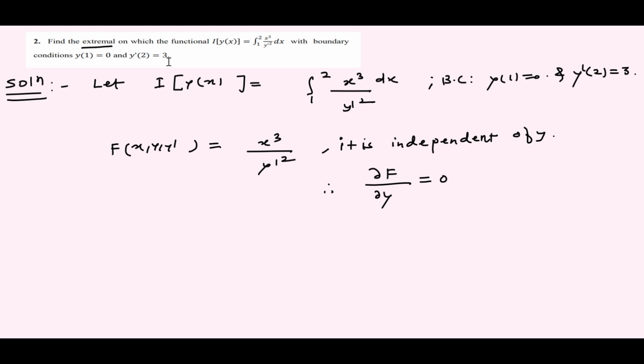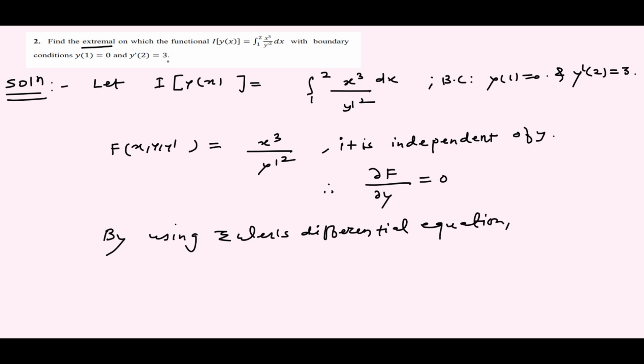So now by using the Euler differential equation, ∂f/∂y minus d/dx of ∂f/∂y' is equal to 0.